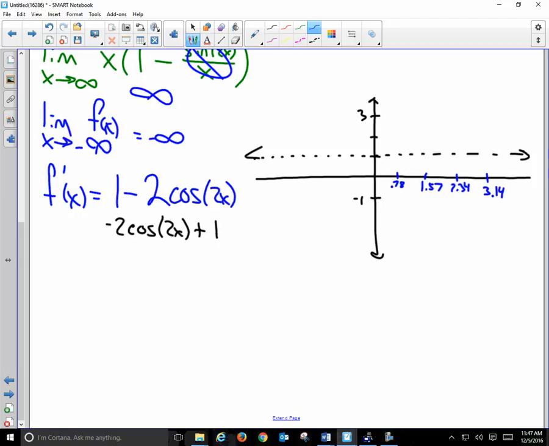Yep, 2.34. Where will the graph start? It will start at negative 1, and we'll head up.